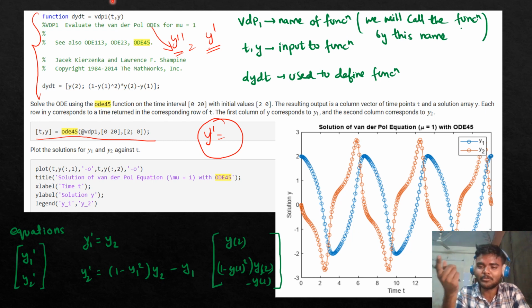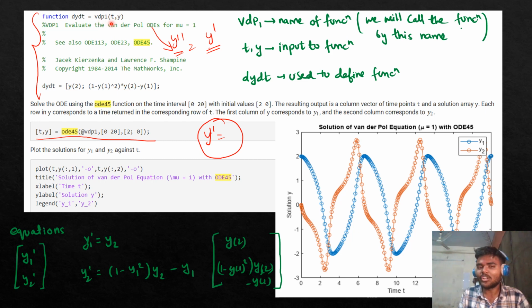Let's suppose Vikram knows how to fix a mobile. So in my code, if I have to fix a mobile, I have to call that particular name, Vikram. So VDP1 will be used to call this function, and this function will do whatever is written in this particular function snippet.